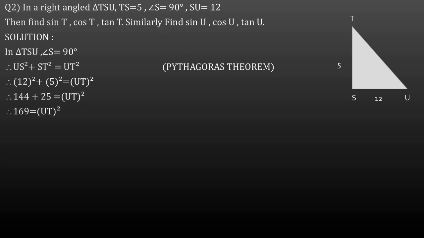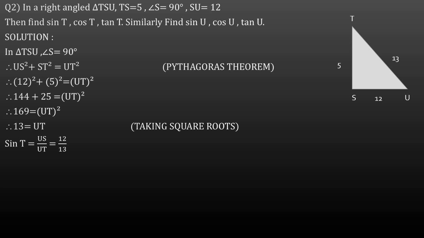Now 144 plus 25 is 169. So therefore UT square is equal to 169. Taking square root on both sides, we get UT is equal to 13. So we found the value of the third side UT, which is equal to 13.